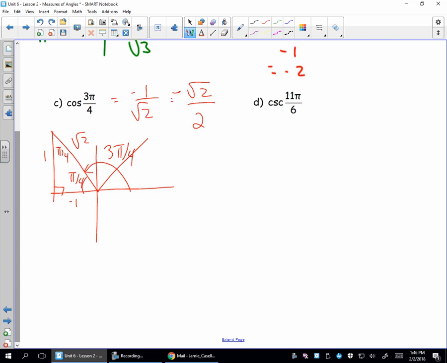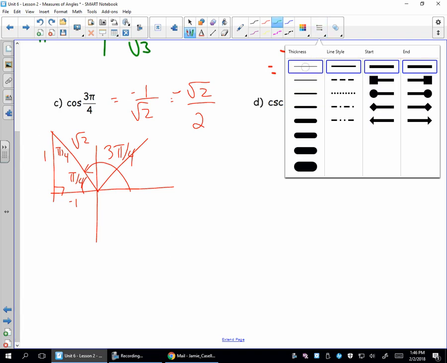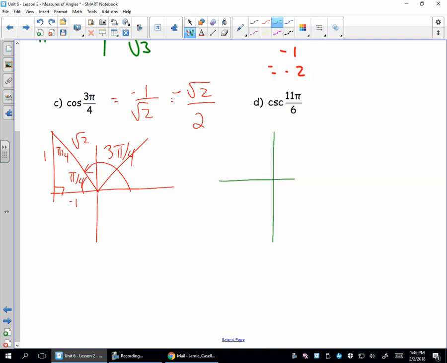And cosecant 11 pi over 6. If I'm thinking about that, it's more than a pi, more than 6 over 6, but it's not quite 2 pi, because 2 pi would be back here, the whole way around the circle.